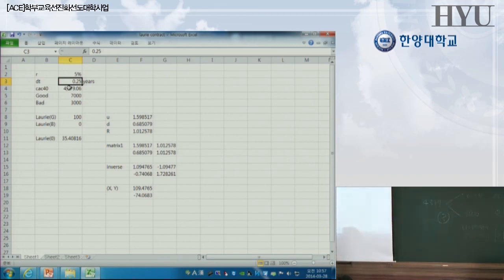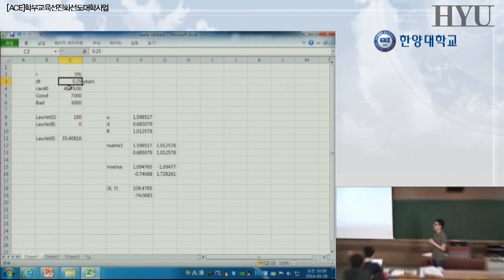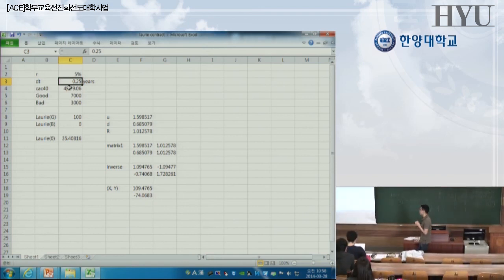You know that this is simple elementary school mathematics, but this is the fundamental of derivative pricing. In order to get the price of a derivative, you replicate the derivative using other assets. You create a replicating portfolio, and then the value of the replicating portfolio is the value of the derivative.